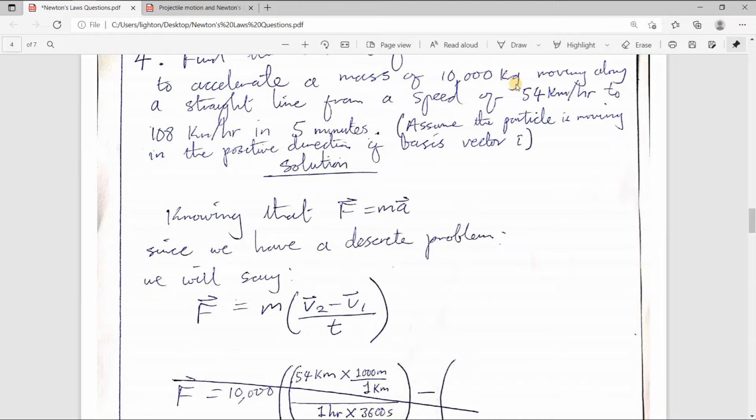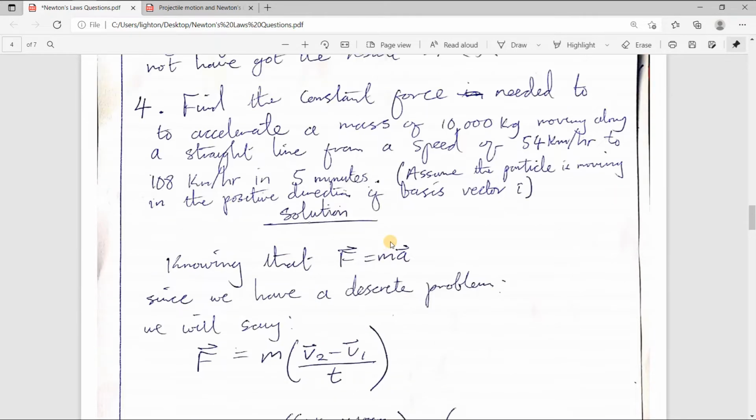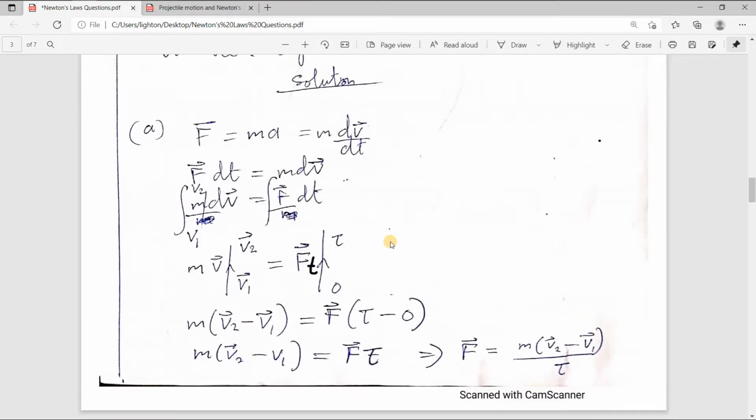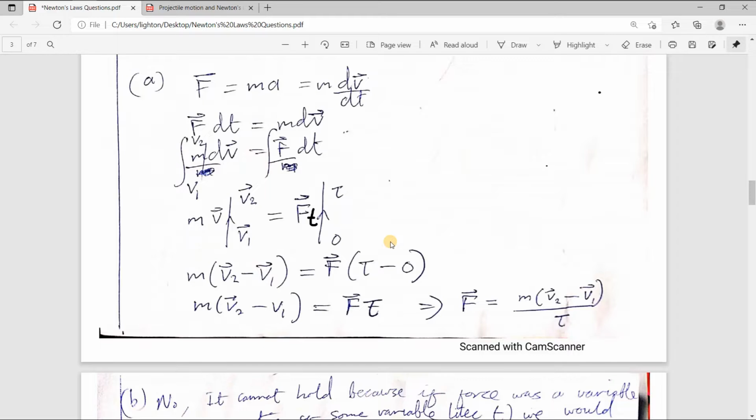This is not continuous, it's discrete because we've been given the initial and final velocities, with the time it takes to achieve that. We use the formula for acceleration, which is v2 minus v1 over t, just as we saw in the previous example.